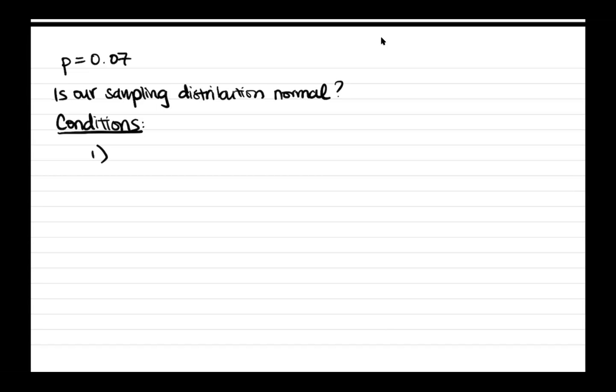So looking at this, it looks like we have a random sample. I think it said somewhere. And if it doesn't, we're just going to assume it. So we're going to assume the sample is random.